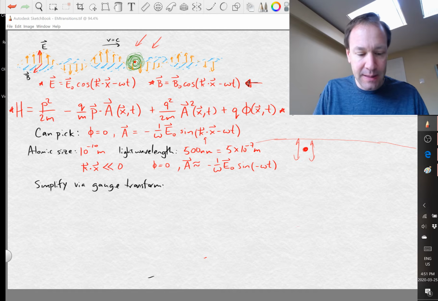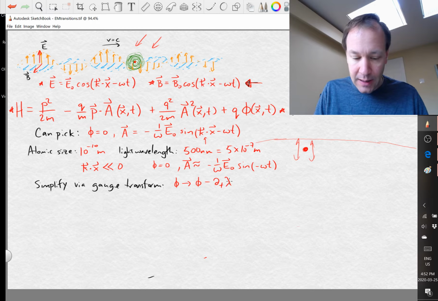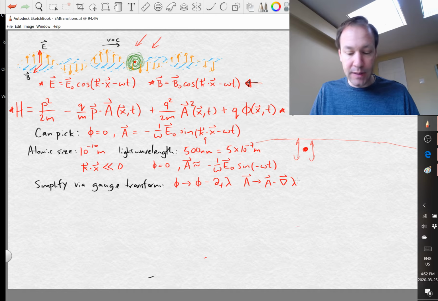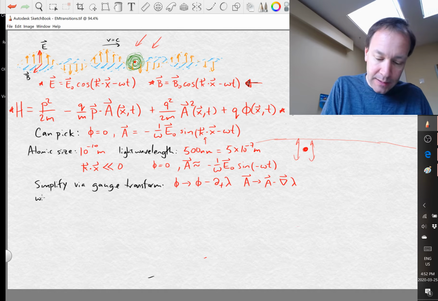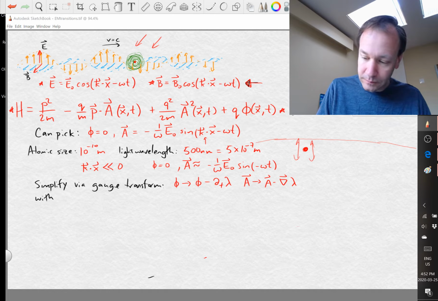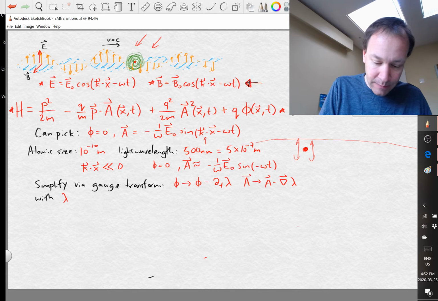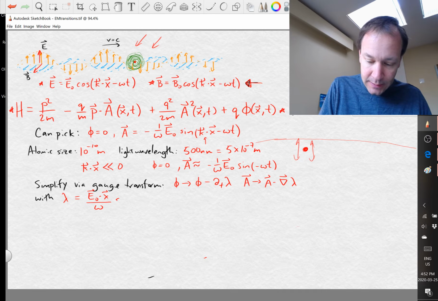This is just a mathematical transformation where phi goes to phi minus the time derivative of some function lambda that I will tell you, and A goes to A minus the gradient of that same function lambda. We are going to take lambda equals this constant vector E0 dotted with x over omega, times sine omega t.